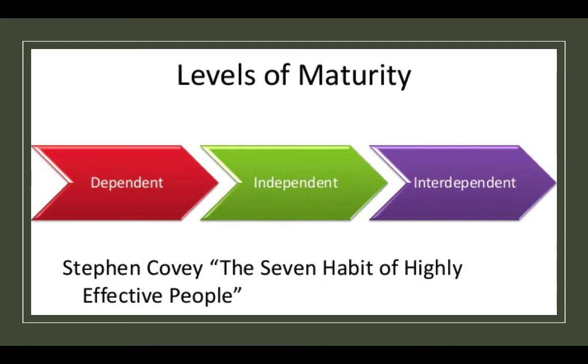The last type of relationship that you can enter into is interdependent, and that's where you are you and the other person is them, but there's always that acknowledgement, that recognition, that ability to understand that someone else is there. And when you make decisions, you make those decisions while thinking of or interacting with them.